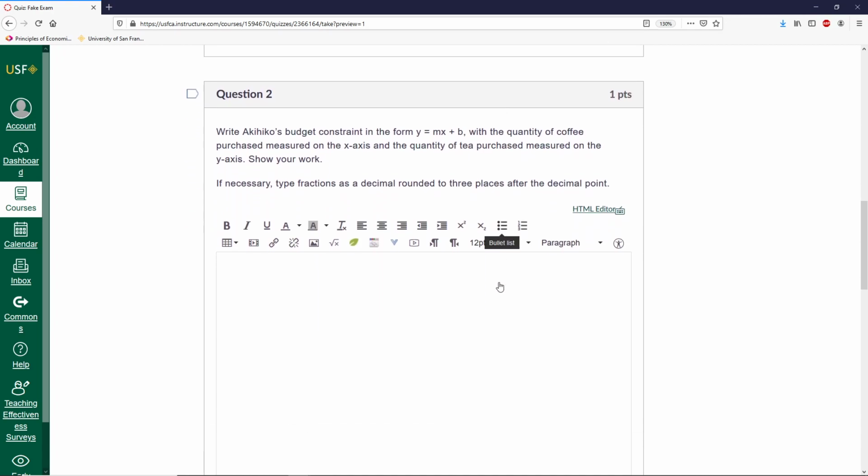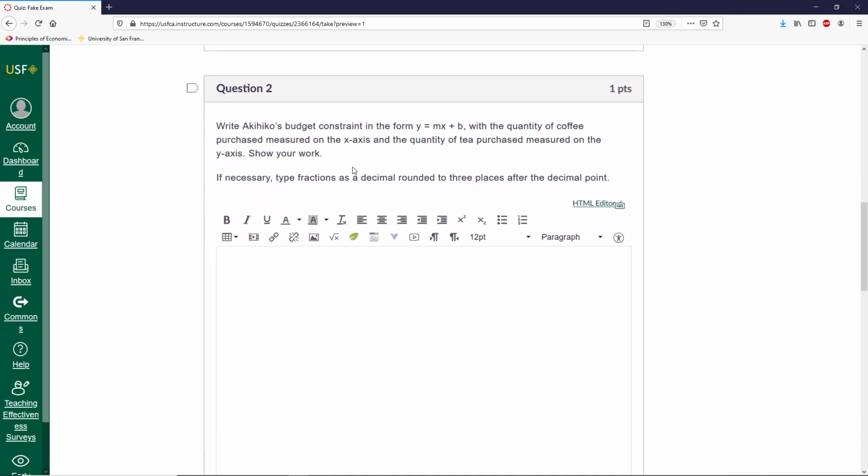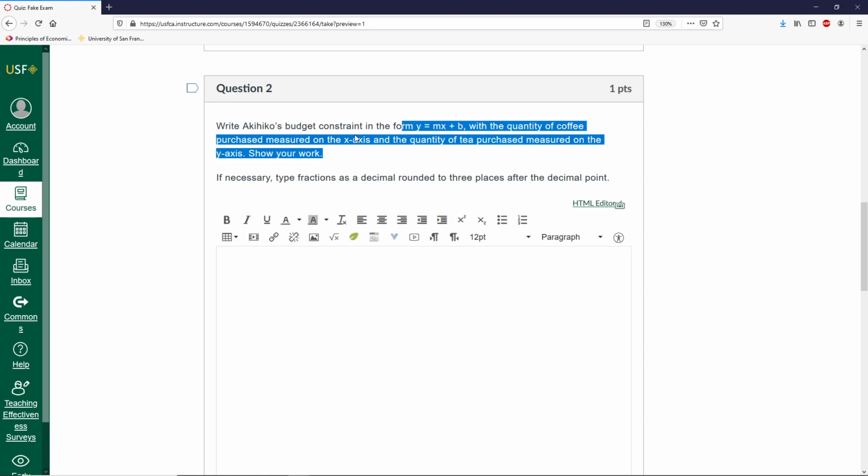Now if I scroll down to question 2, it says write Akihiko's budget constraint in the form y equals mx plus b with the quantity of coffee purchased measured on the x-axis and the quantity of tea purchased measured on the y-axis. Show your work. So make sure you pay attention to the instructions here, right?